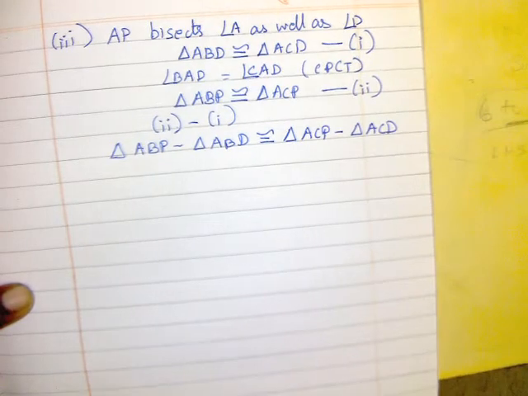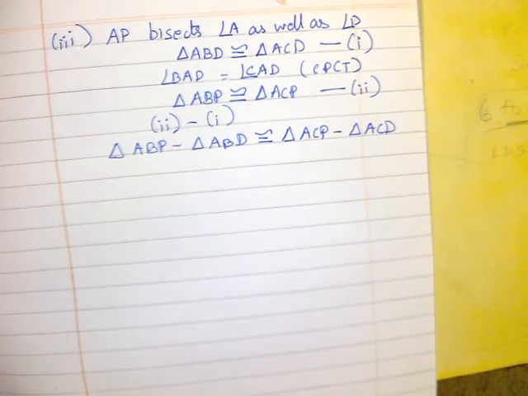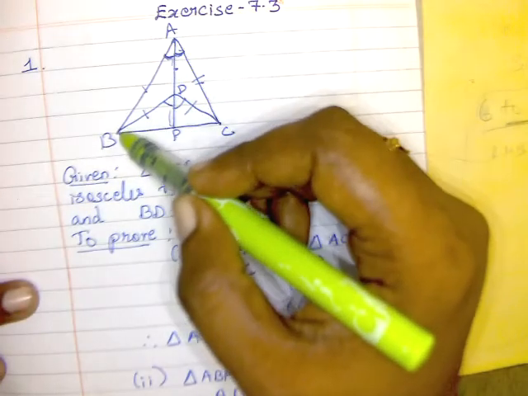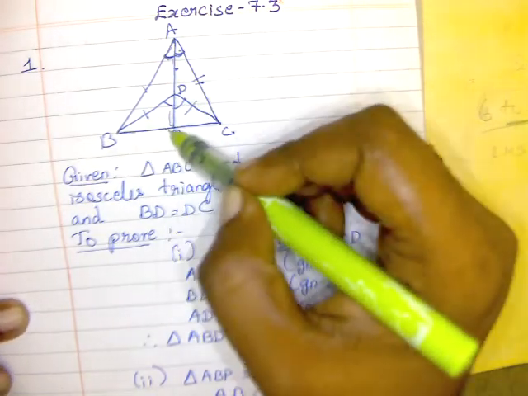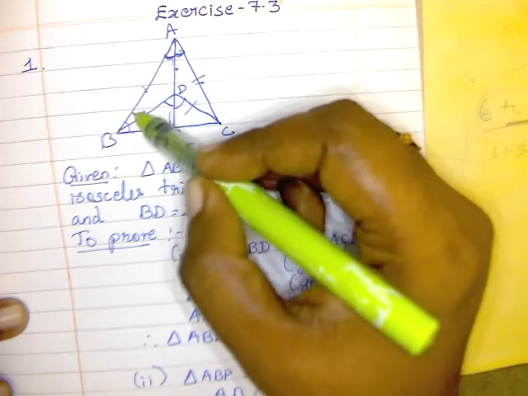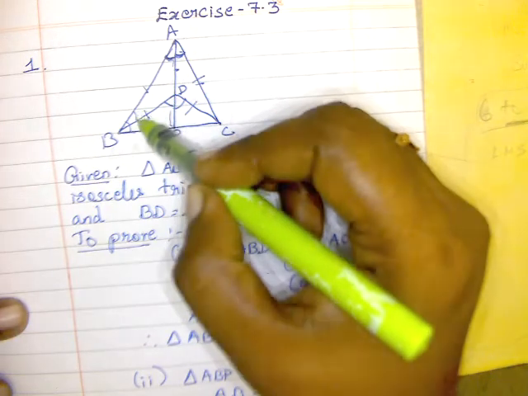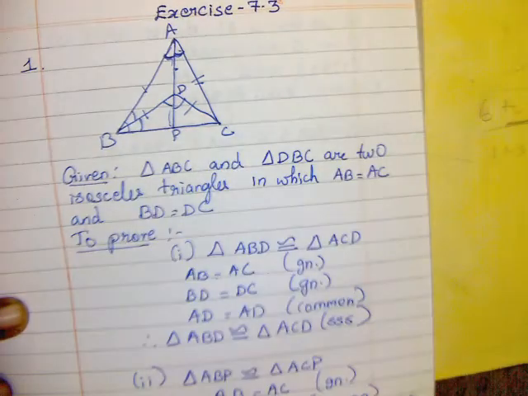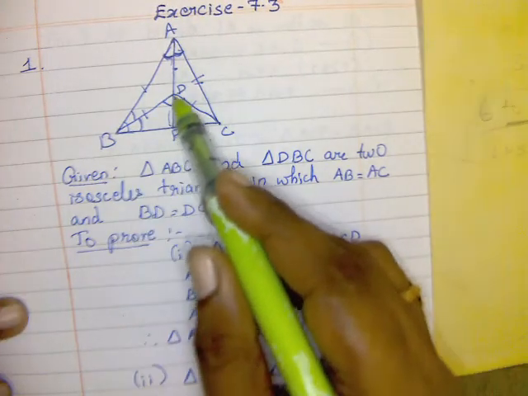Okay, right? Understood? Now look at the figure again. This is the whole angle ABP. If you subtract angle ABD, you will get this angle. Am I right? What is that angle?